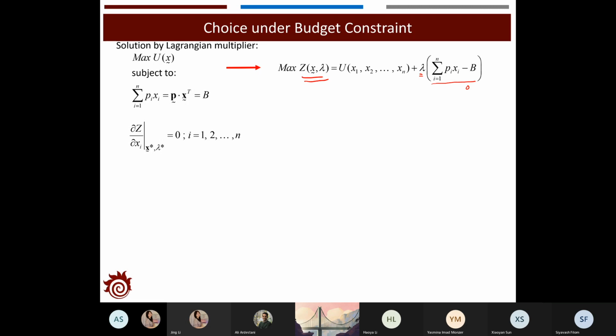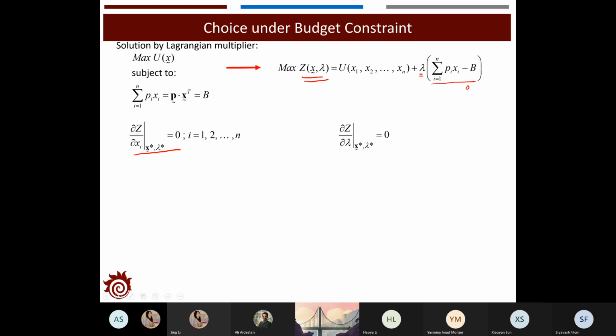What you need to do is just to find the first order derivative with respect to x and lambda. So at the optimal values of x and lambda, the value should be 0. So we have partial z over partial xi equal to 0, and partial z over partial lambda will also be 0.